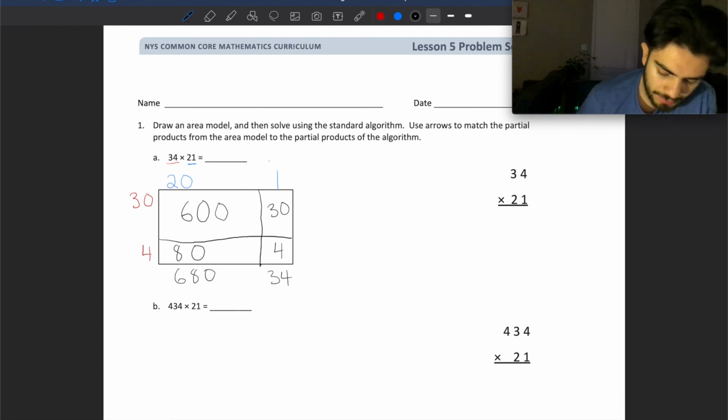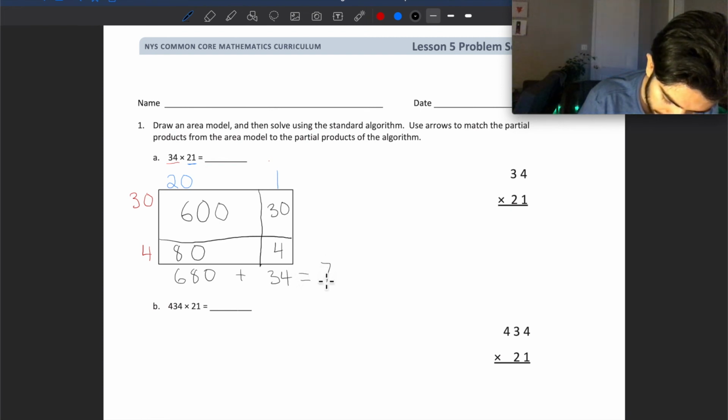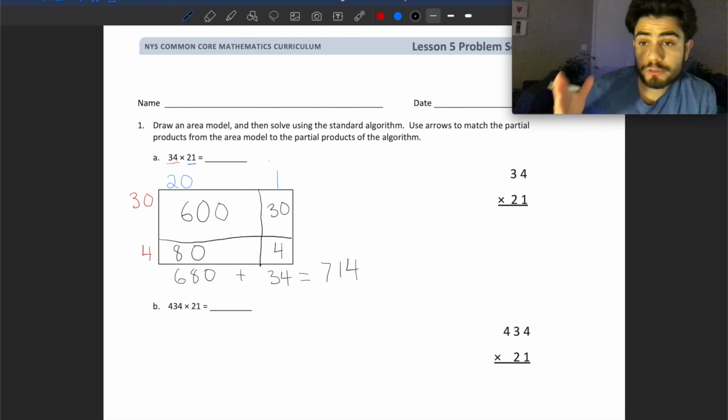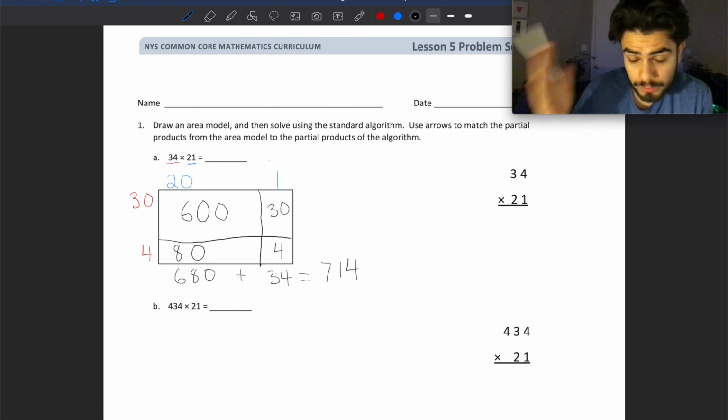Okay, so those are my partial products. Now, when I take those two and add them all up, I find that I have 714. Okay, so that's the total value of the inside of your area model, in case you're wondering.